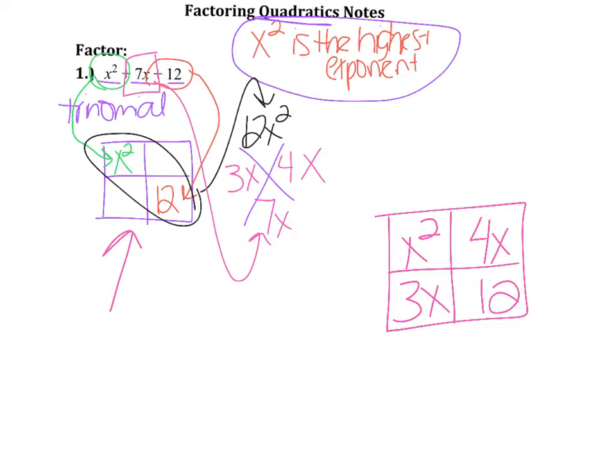When we go to do this process, you are basically trying to find what is going to be on the outside parts. We want to find out what's going to go in our parentheses, so that if we multiply these 2 things together, it gives us x squared plus 7x plus 12.